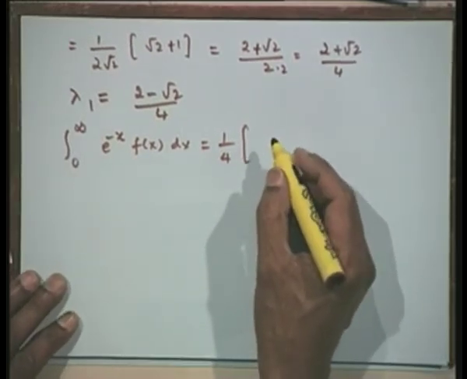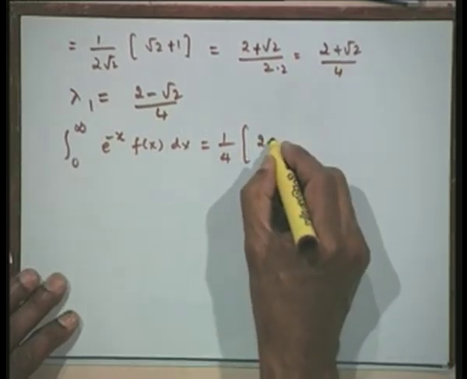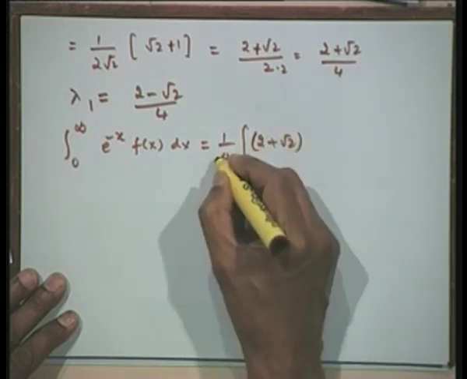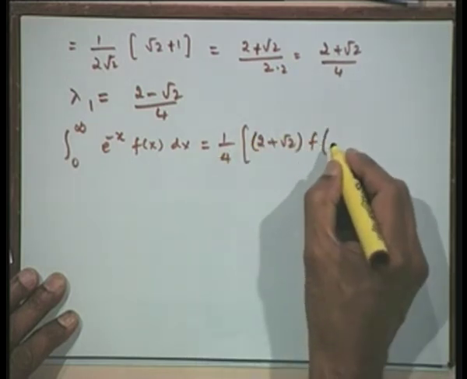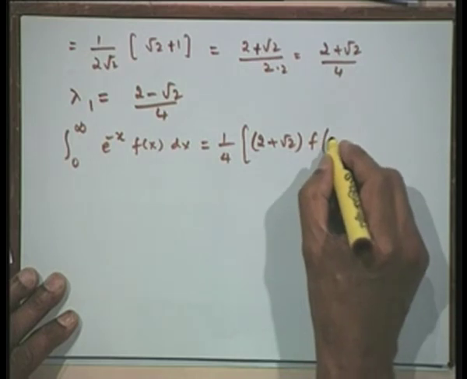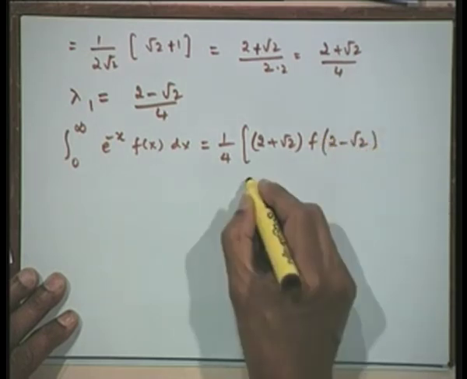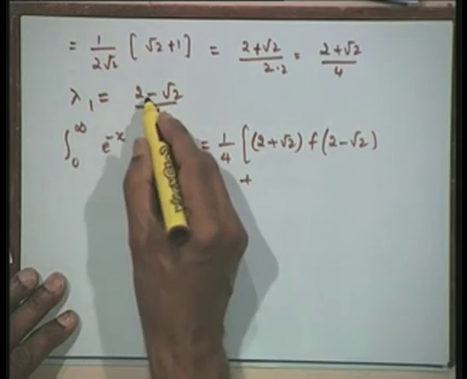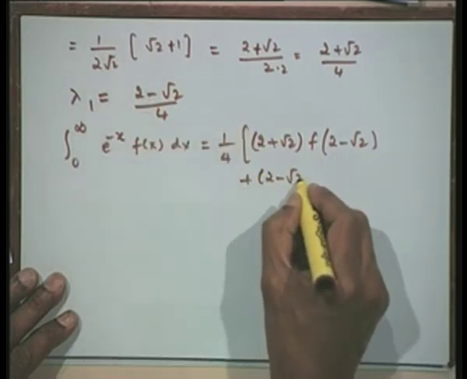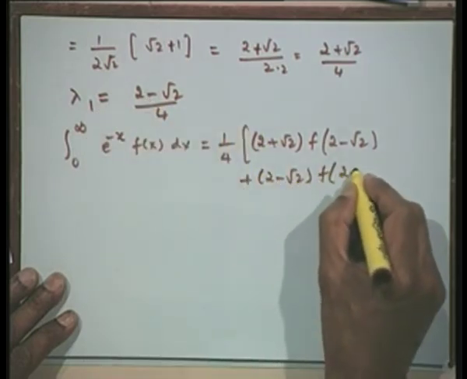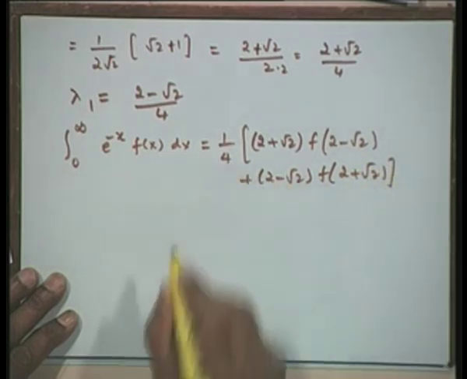The lambda 0 is 2 plus root 2, and the abscissa corresponding to this is the first abscissa 2 minus root 2, and the second weight is 2 minus root 2, and the abscissa is 2 plus root 2.